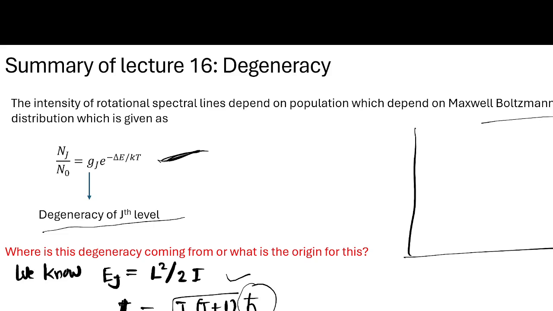So if you see this angular momentum, it has two components. This angular momentum is a vector, so it has magnitude as well as direction, and the direction is given by the thumb rule.